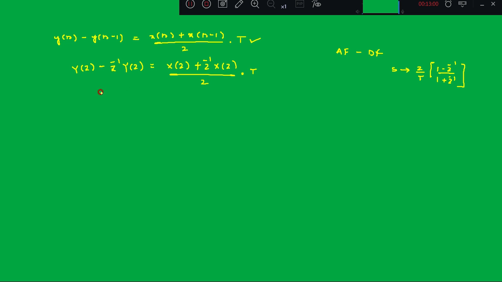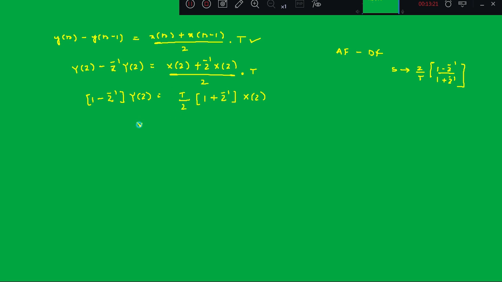So collecting the Y of z term here, 1 minus z raised to minus 1 into Y of z. So here it is T divided by 2. So this T I will combine with this 2, and here 1 plus z raised to minus 1 into X of z, right?